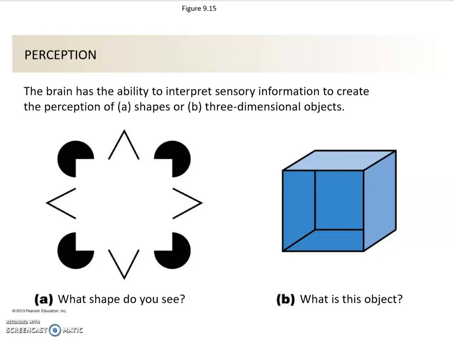As you're looking at an object and receiving an onslaught of information, it will only process a very small percentage of that information and then make up the rest based on experience and learning. So you can tell, for example, the square that you perceive here is not really there. It's not outlined at all, but your brain just adds that information, so you see a square right there. Or here, based on previous experience, your brain adds perspective into this object, but it can't really make sense of it because the perspective here is off.